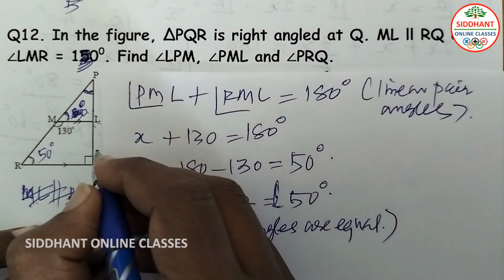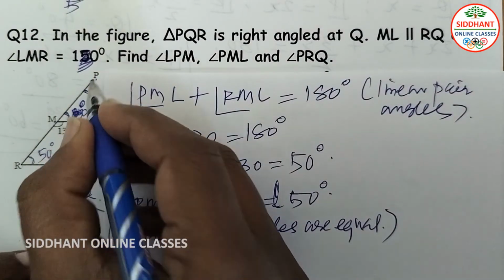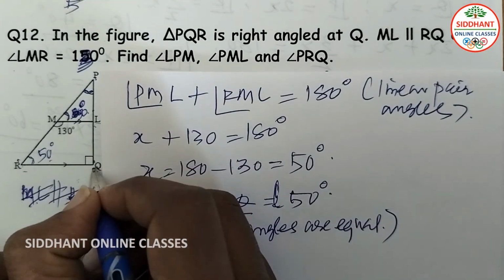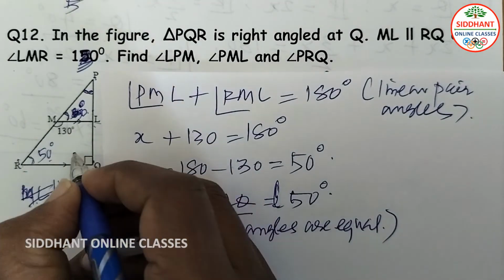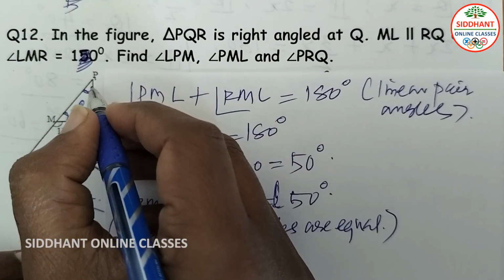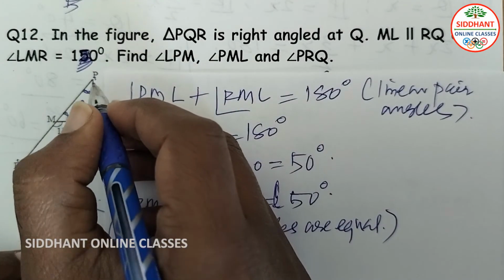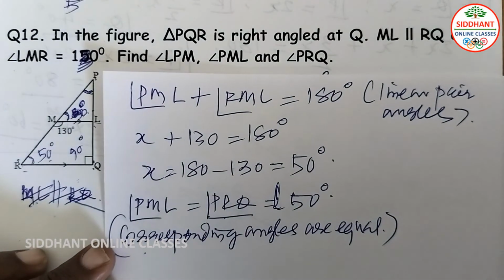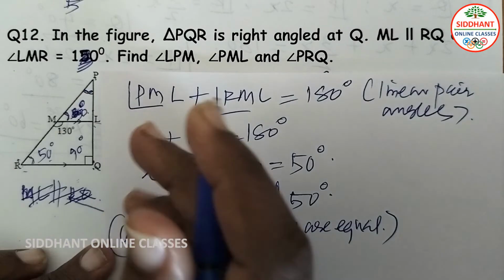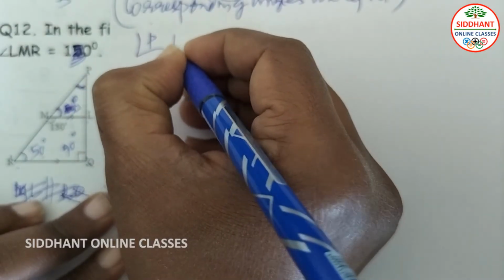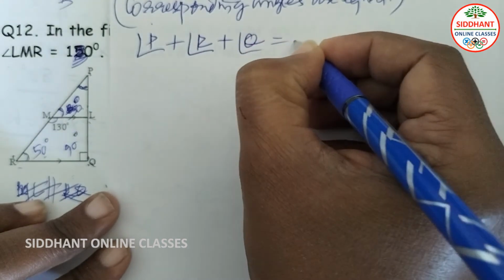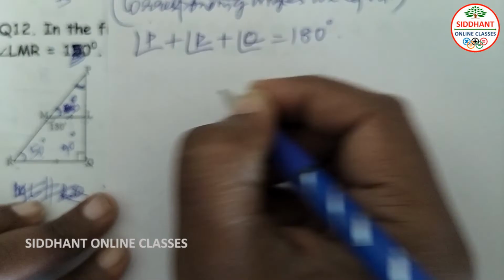So now when you look at triangle PRQ, one angle is 50, the other angle is 90 degrees, given, and we are going to find out angle P here. So angle P plus angle R plus angle Q is equal to 180 degrees.